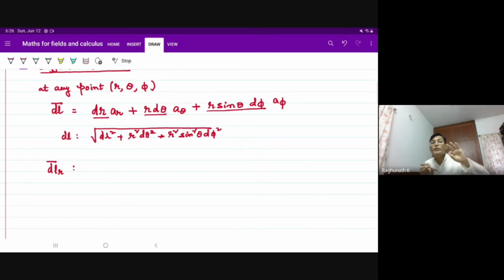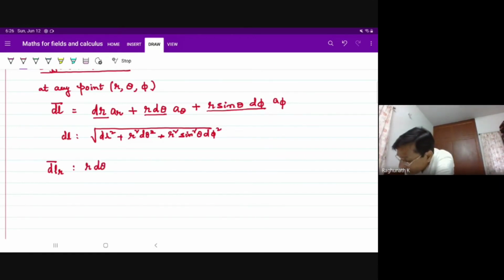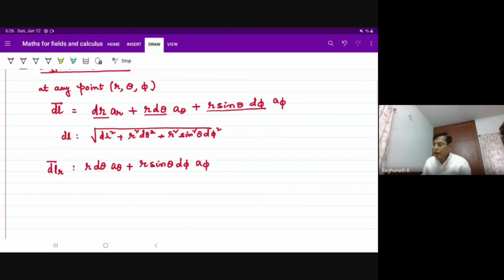I can only change theta and phi, because of which the vector is r d theta a theta plus r sin theta d phi a phi. These are the two components that I can produce on the sphere of fixed radius r.